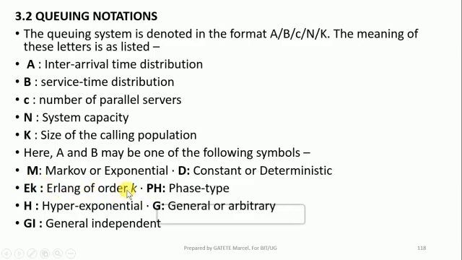PH can be used for phase type, H for hyper-exponential distribution, and G for general or arbitrary, general independent. The most important one is Markov or exponential here. So A can be replaced by M when we are using exponential distribution.